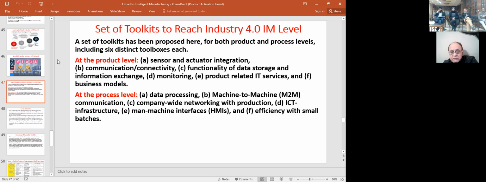E is product related IT services, and F is business modules. And at process level, A is data processing, B is machine to machine learning and communication, C is company wide networking with production and ICT infrastructure, D is man machine interfaces that are called HMIs, and F is efficiency with small batches.